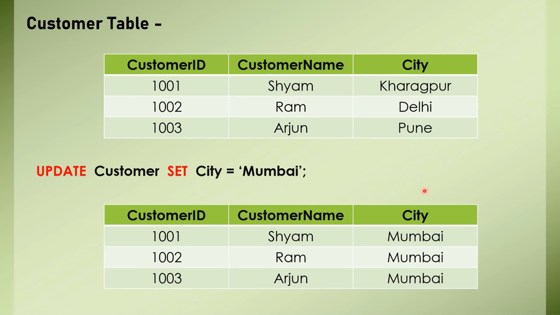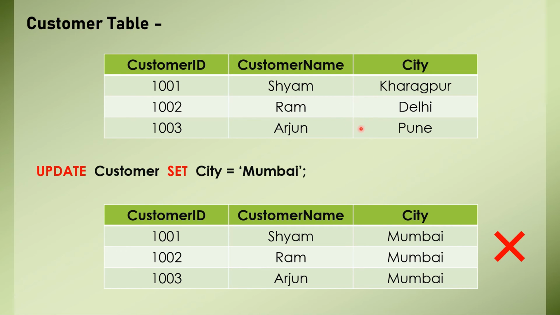I hope you got the point of what the problem is here. Ram and Arjun are also relocated to Mumbai, which is not true. So this is false data which is inserted inside the table, and this kind of mess you don't want to get into.